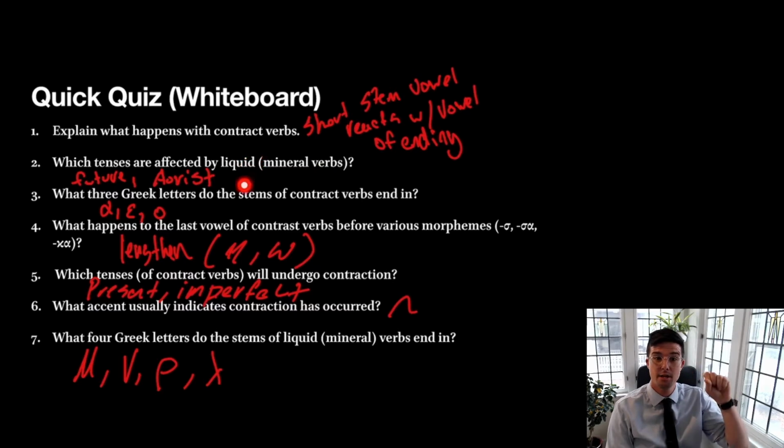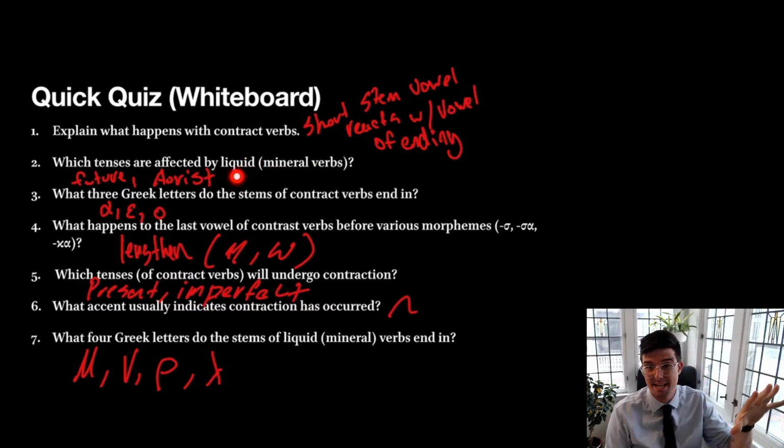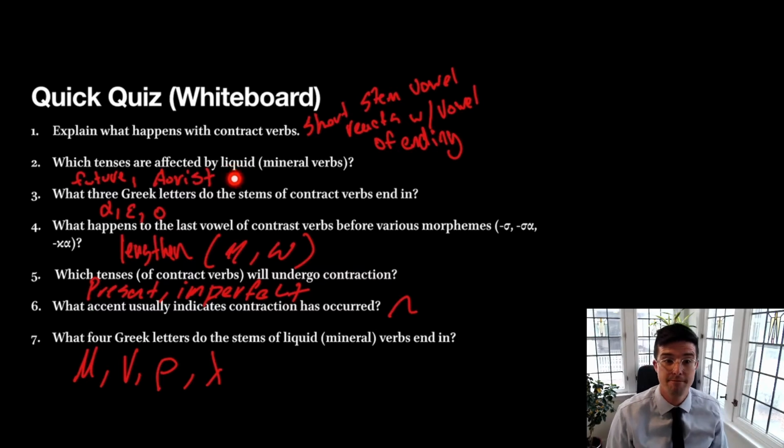That is because mu, nu, rho, and lambda don't like to have a sigma next to them, either the sigma of the future morpheme or the sigma alpha of the first aorist morpheme, and so they reject it, and you get an epsilon instead in the case of the future, or a dropped sigma with some compensatory lengthening with the first aorist.